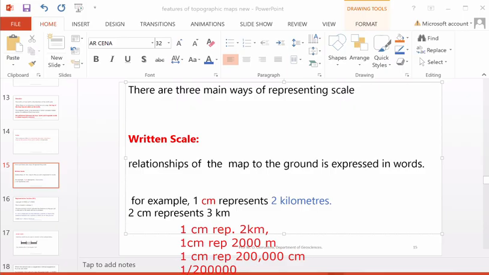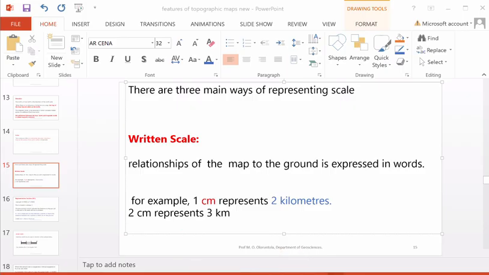So what's the question? 2 centimeters represents 3 kilometers. What you need to first do is take 3 kilometers to centimeters.